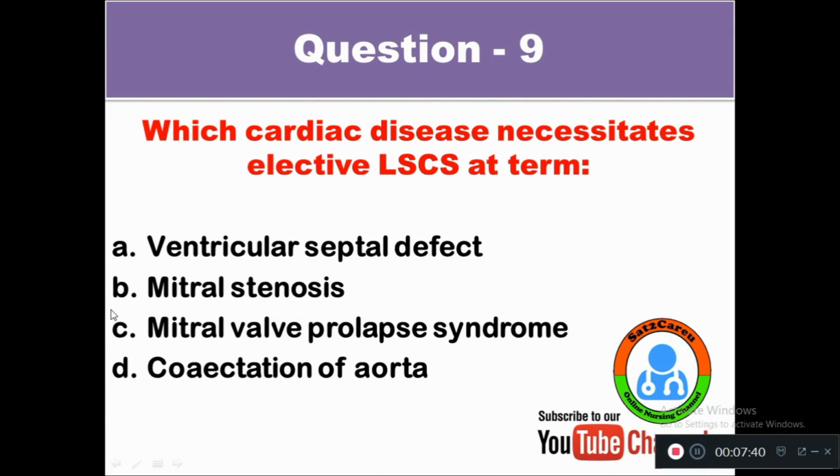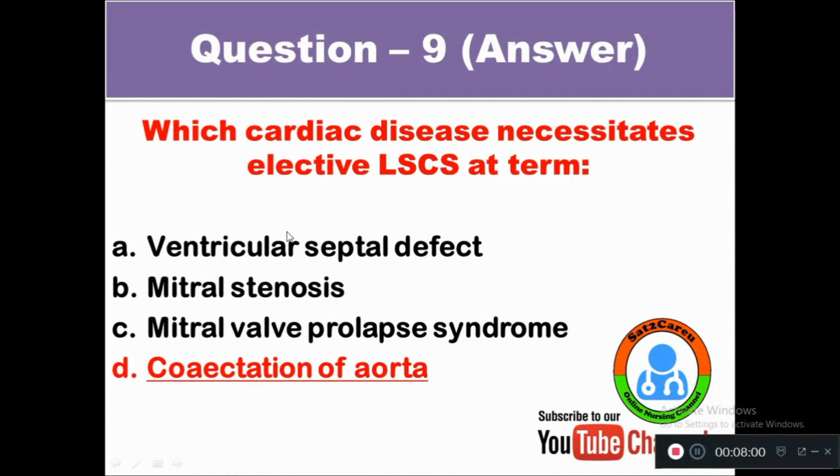Question number 9. Which cardiac disease necessitates elective LSCS at term? Option A, ventricular septal defect; B, mitral stenosis; C, mitral valve prolapse syndrome; and D, coarctation of aorta. The right answer is coarctation of aorta.